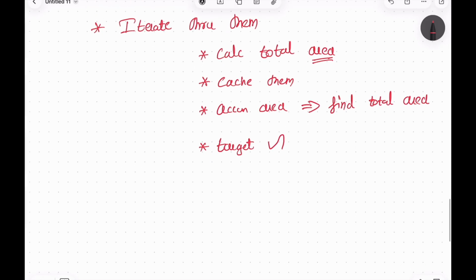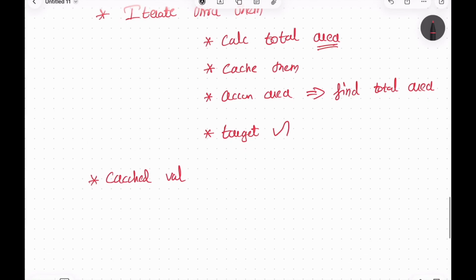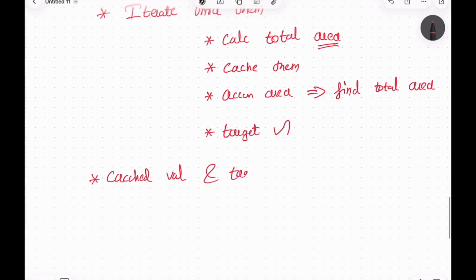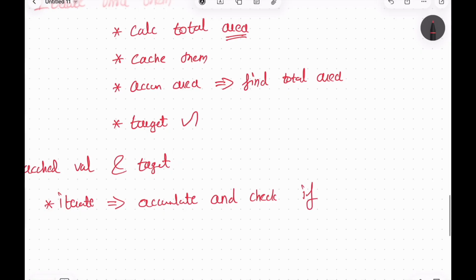And now you have the cached value, right? And you have the target. So now you iterate through this cached value, right? And accumulate and check if the accumulated area is greater than or equal to the target.